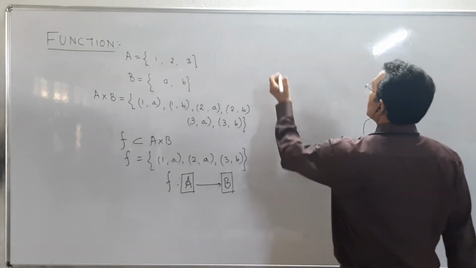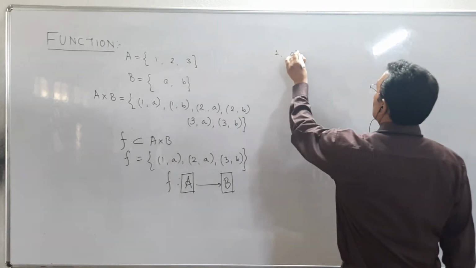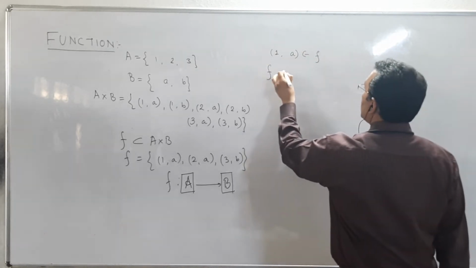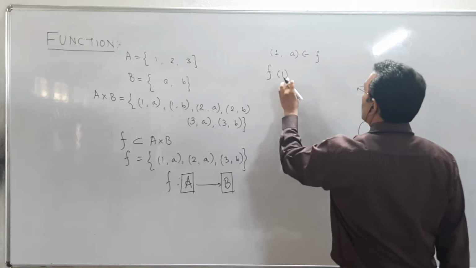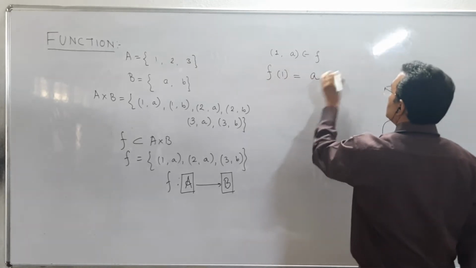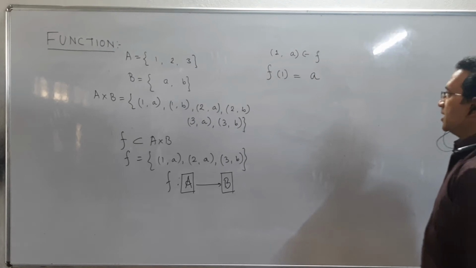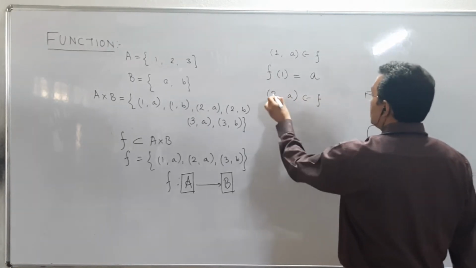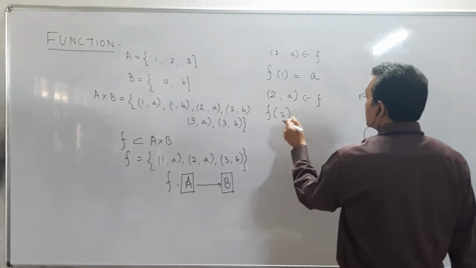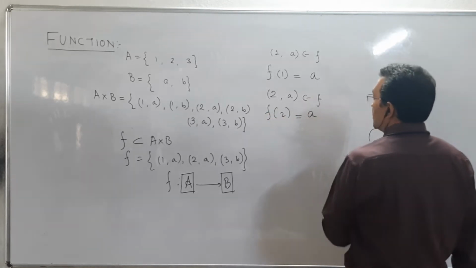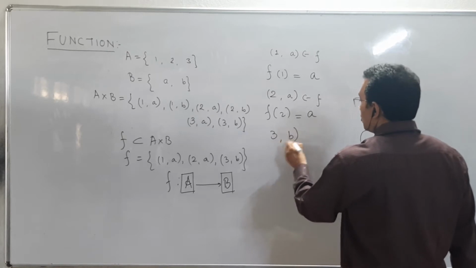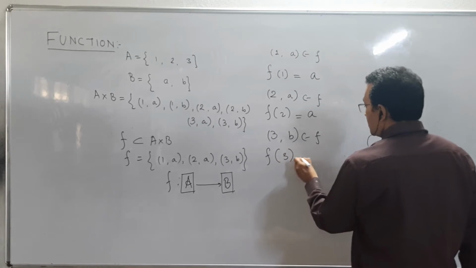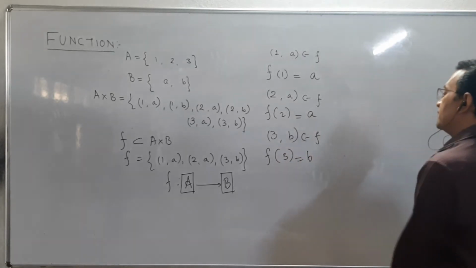So students, if I say ordered pair (1,a) belongs to F, then the image of 1 under the function F is a. Then (2,a) belongs to F, so the image of 2 under the function F is a. And (3,b) belongs to F, then the image of 3 under the function F is b.